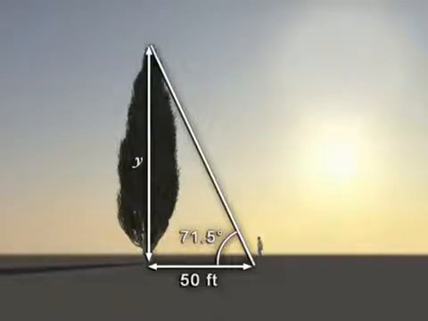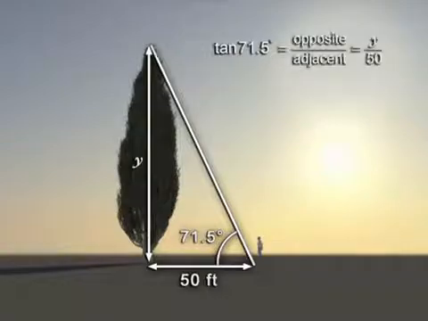Don't make me climb up the tree and measure it. I can figure it out with trigonometry. All right, let's do it. Well, in that picture, what trigonometric function should we use? Well, how about tangent? Because tangent of 71.5 degrees is opposite over adjacent, y over 50, isn't it?